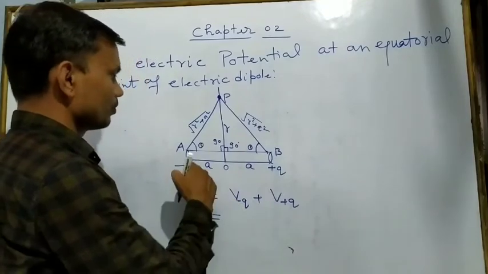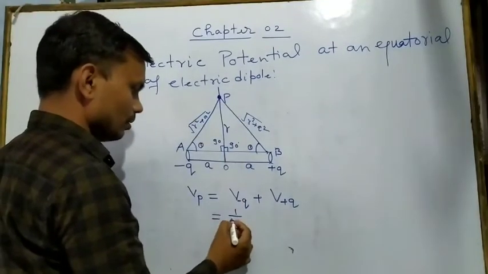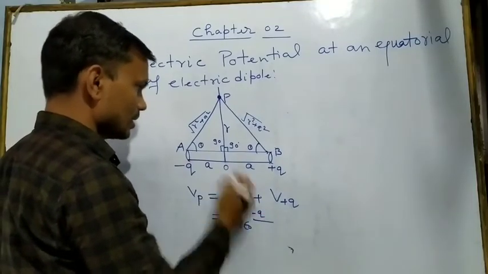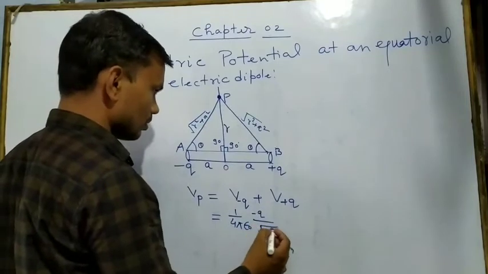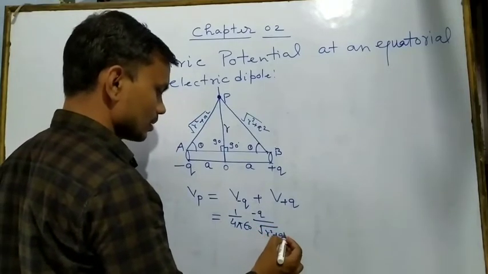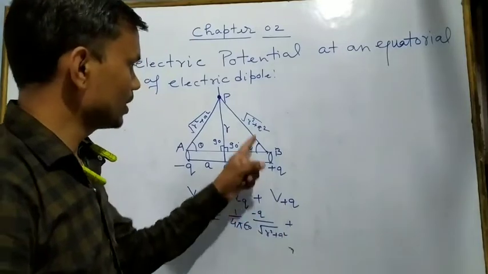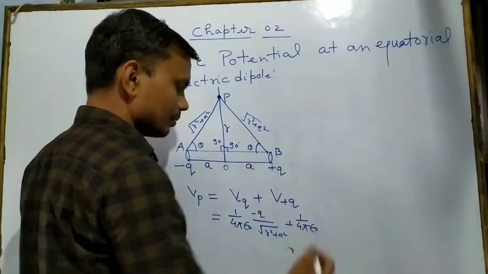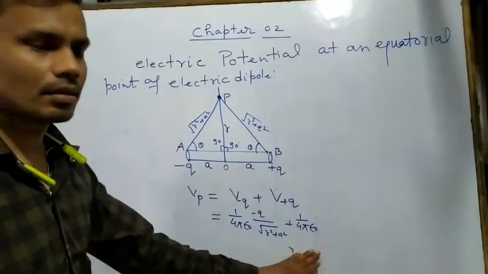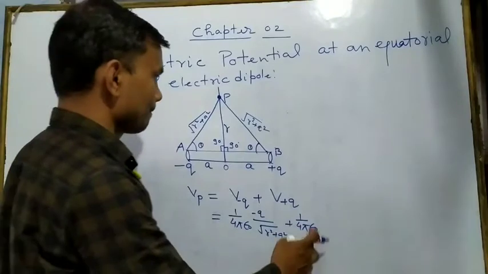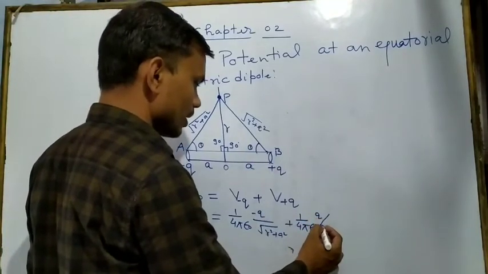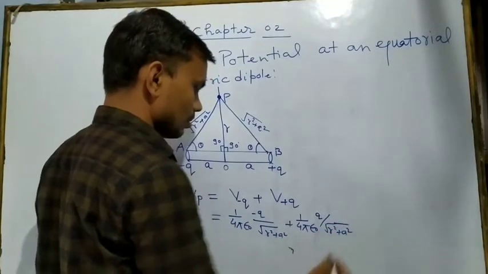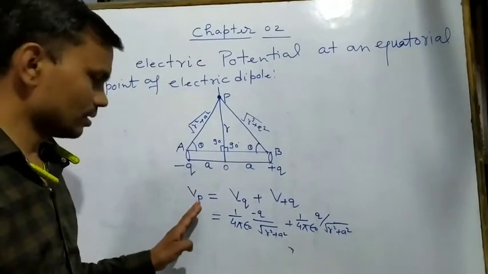Now after that you have to see V minus q. So this is 1 upon 4 pi epsilon naught, charge minus q, and distance under root r square plus a square, plus V plus q, which is 1 upon 4 pi epsilon naught, and then charge plus q, distance again the same, r square plus a square, because electrostatic potential is a scalar quantity.